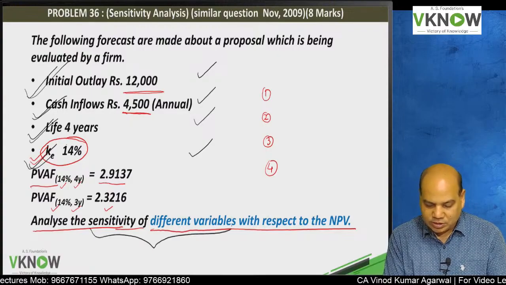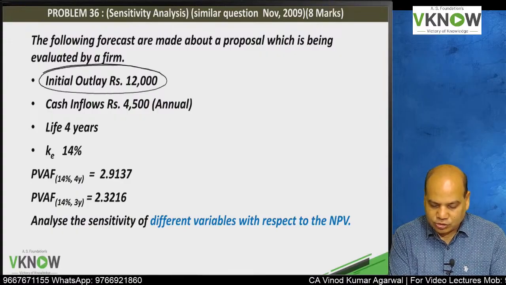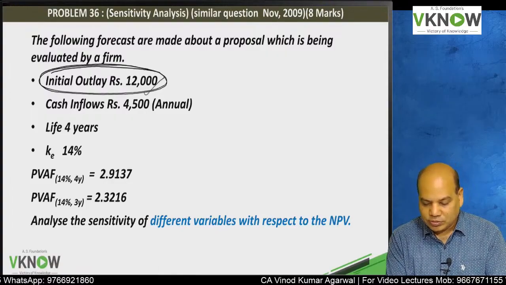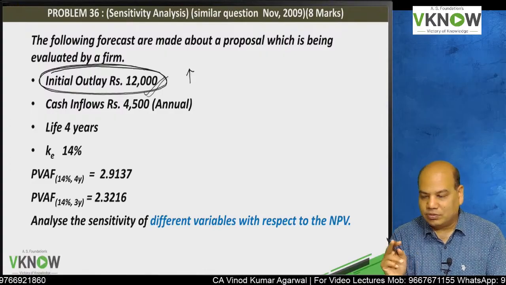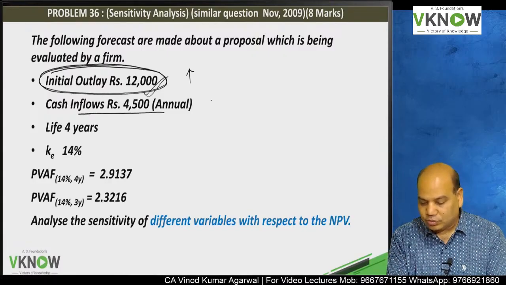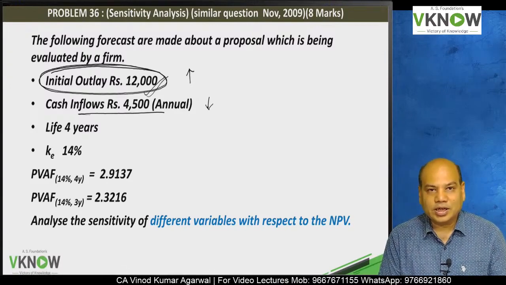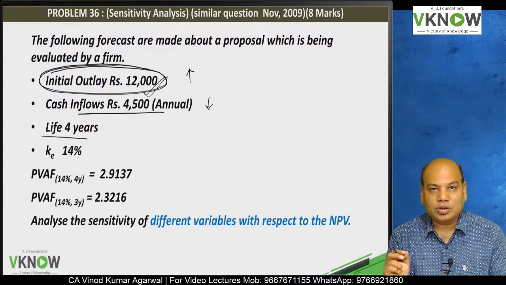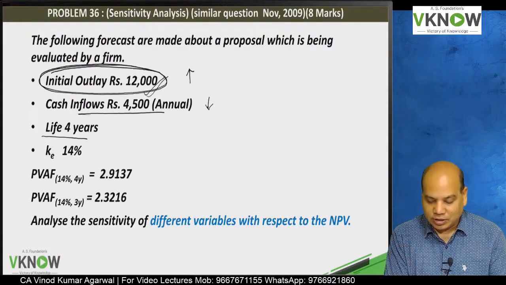Sensitivity of different variables means: what can be the cost of the project at which NPV will be equal to 0? That means we need to find out to what extent the cost can rise and NPV will be 0, not negative. In case of cash inflow, to what extent cash inflow can decrease such that NPV will be 0. In case of life, what is the minimum number of years the project should run so that my initial investment is recovered.